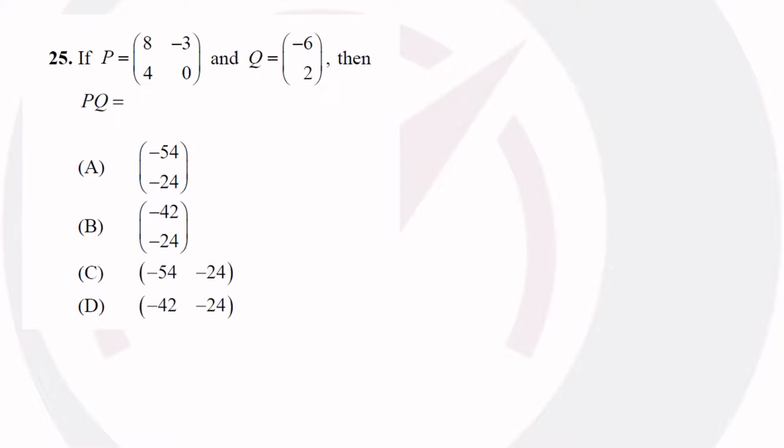Now, before we can multiply our matrices, we have to check for compatibility. Are they compatible? The first thing is that we have row by column, and we have row by column. The number of columns in the first matrix must be equal to the number of rows in the second matrix.